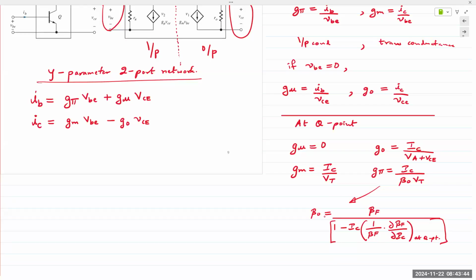Beta F is the forward current gain. Beta O is the small signal common emitter current gain.